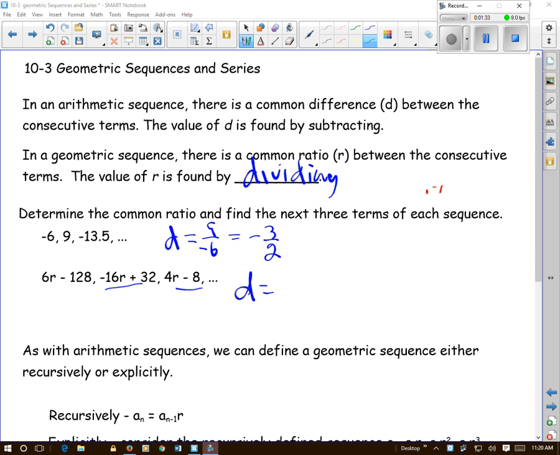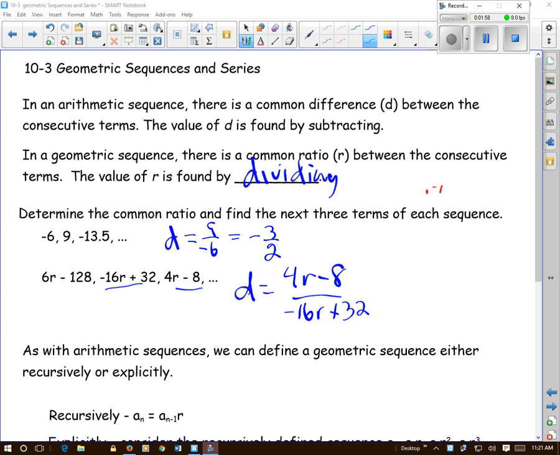As long as we have two consecutive terms, it doesn't matter. A term divided by the previous term, so it's going to be 4r minus 8 divided by -16r plus 32.